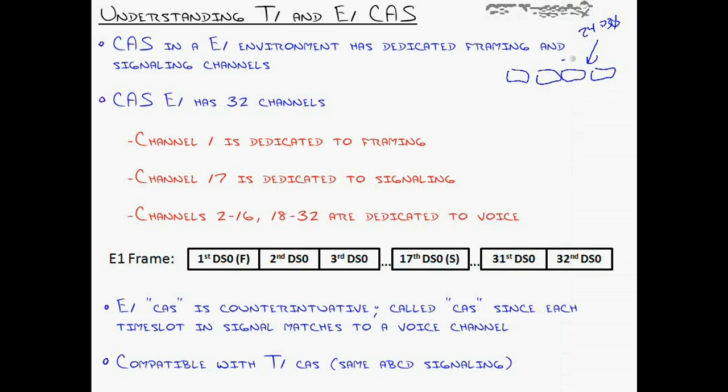I don't have to dedicate one of those channels and say, that is my signaling channel, I can't use it for voice. I just rob a bit out of every sixth frame and put them all together, and that can help me regenerate the signaling. So I think with T1, wow, what a benefit. I get a bonus channel that if I used CCS, which will be the next signaling type, I couldn't get, because one of the channels would be completely dedicated to nothing but signaling, and I couldn't use it for voice. So you can see with T1, total benefit, I can use 24 channels instead of 23 channels for voice.